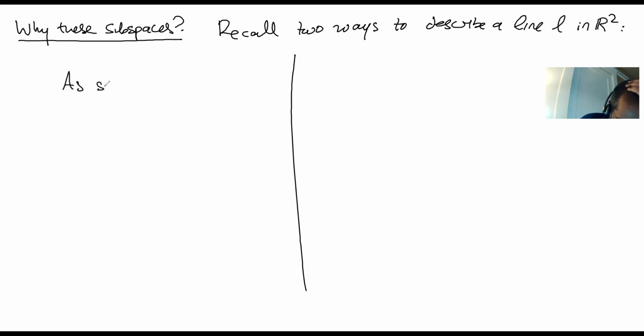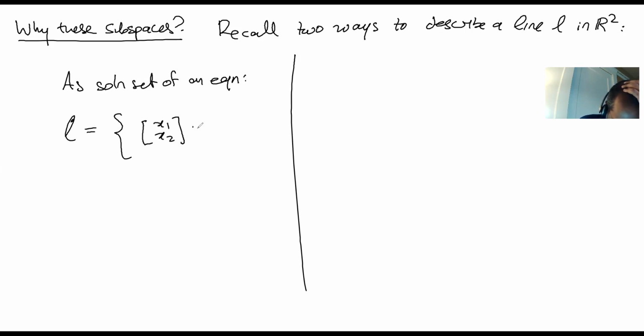So that means you write this line L as the set of x1, x2 so that some equation is satisfied. So let's just write it like this. This is y equals mx plus b, but b is 0, and so this is just y equals mx, right? So that's one way of writing it.